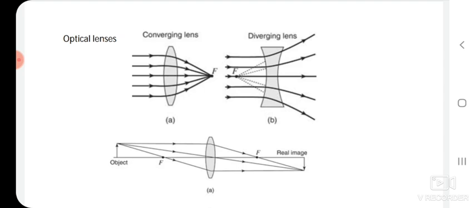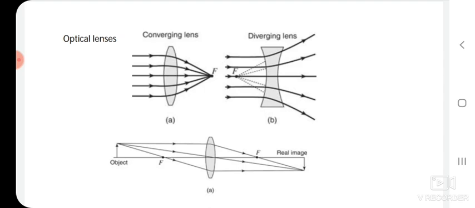So a ray diagram can be made for lenses similar to those drawn for a curved mirror. These three rays can be drawn to locate the image formed by the lens. First one is the ray directed parallel to the optical axis, which refracts through F on the far side.